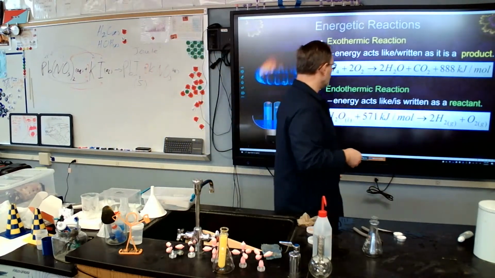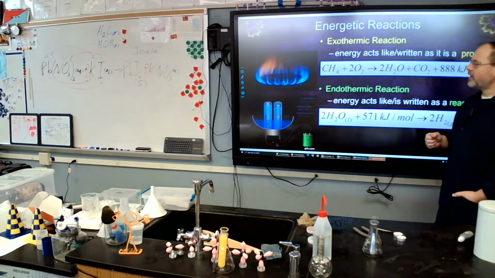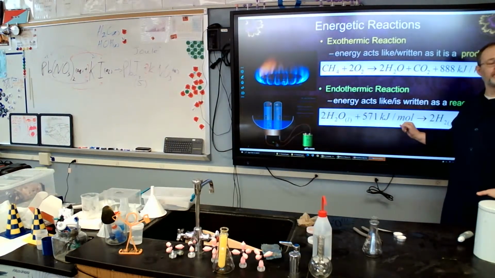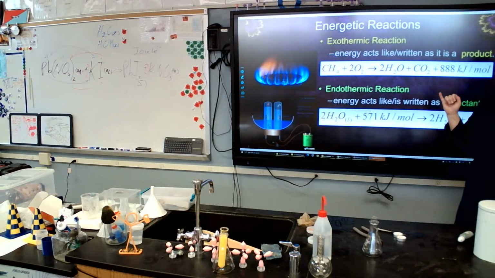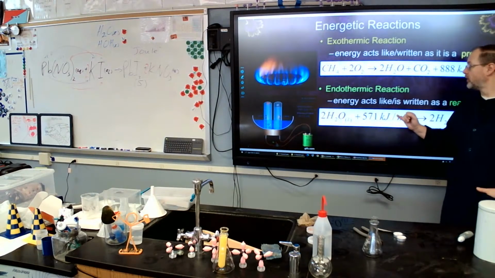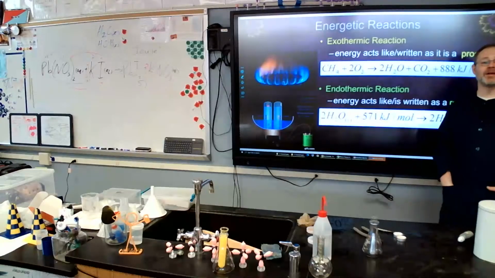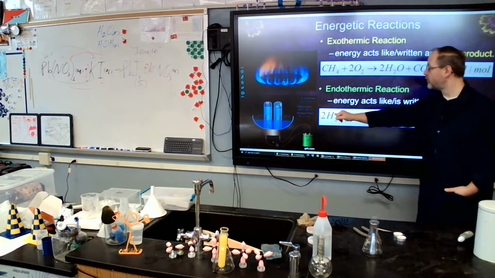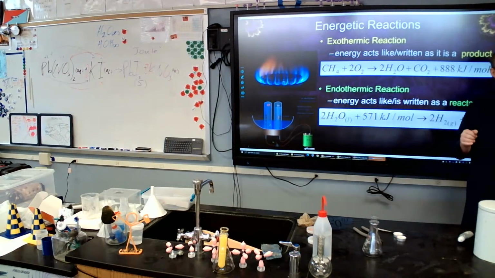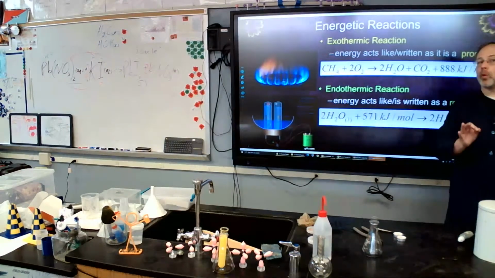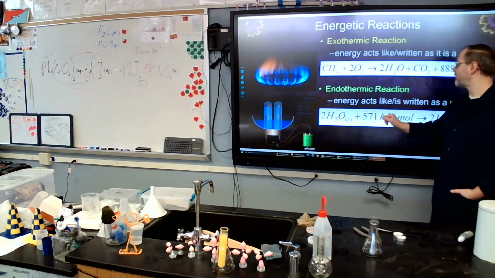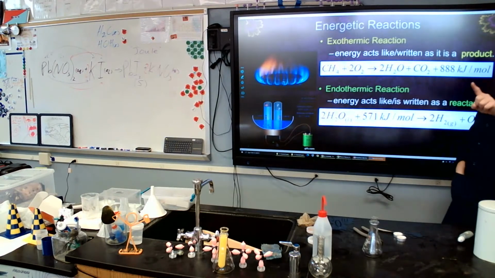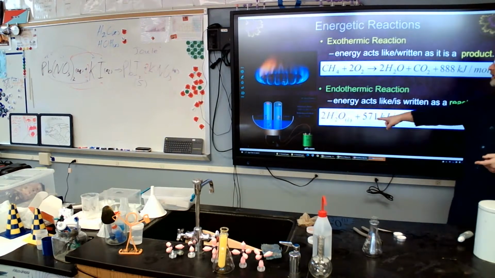Well, what this means is, if I want to break 2 moles of water, because it's 2H2O, I am going to need to use 571 kilojoules of energy. If I want to break 1 mole of water, I'm going to need half of that.